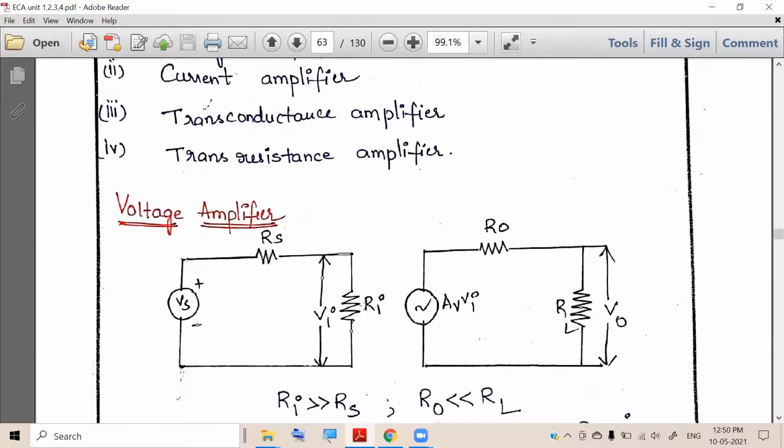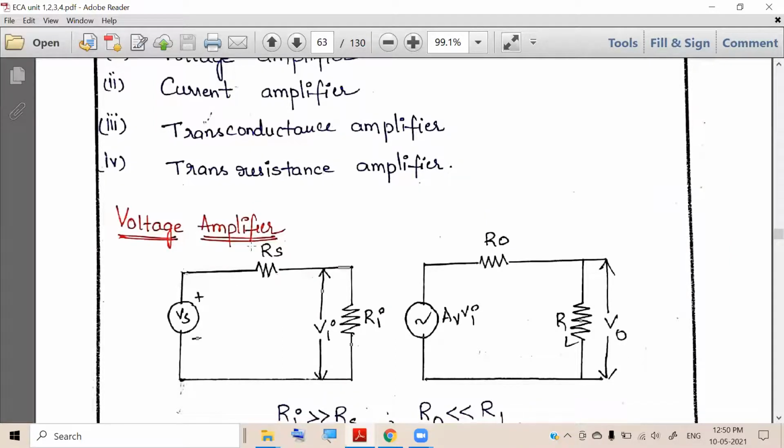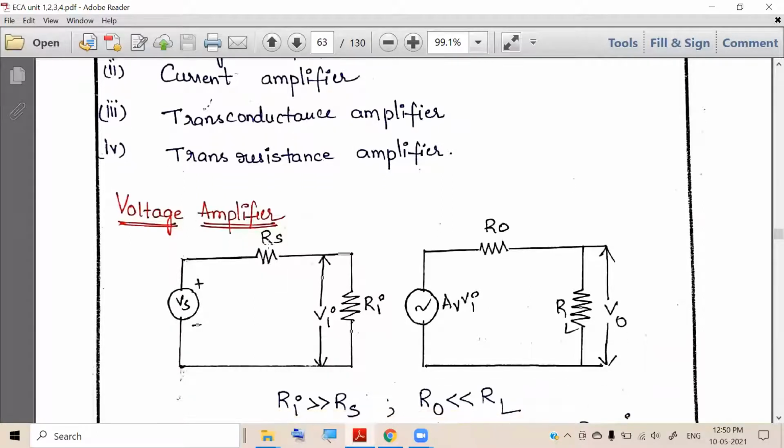Now, the loss will be less when this voltage is much greater than this voltage.